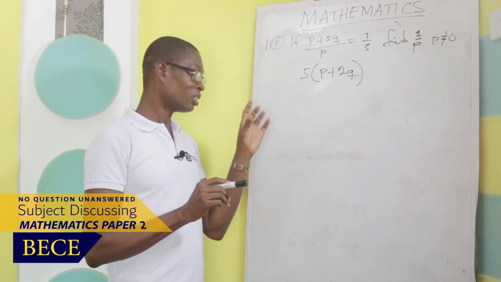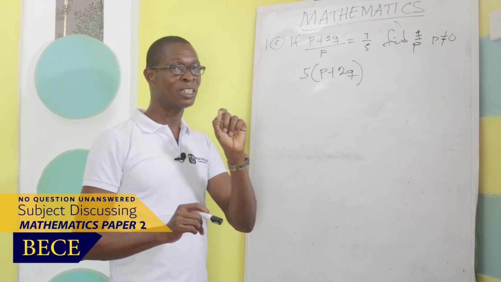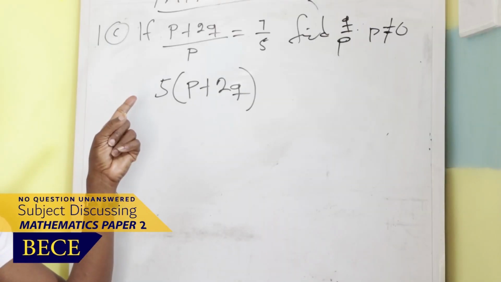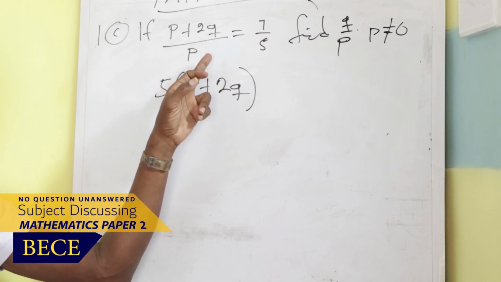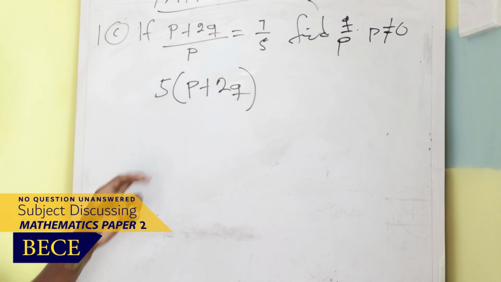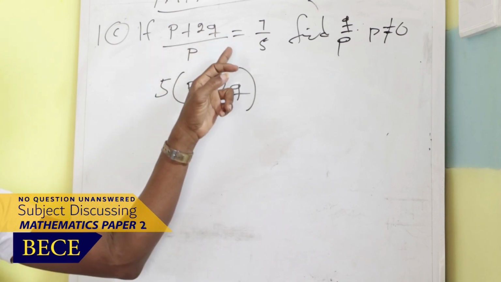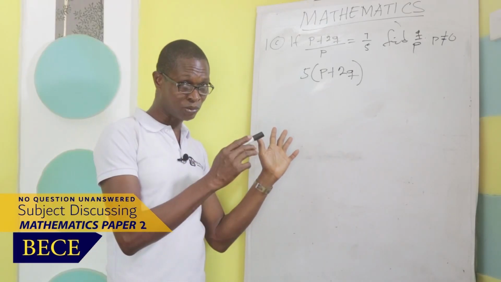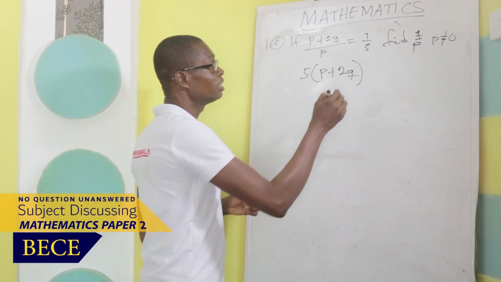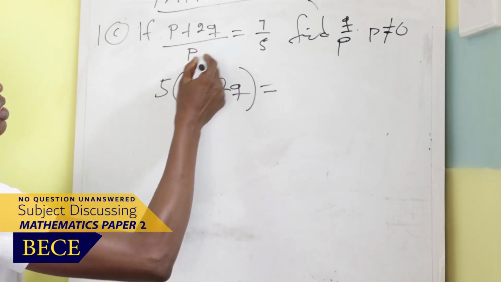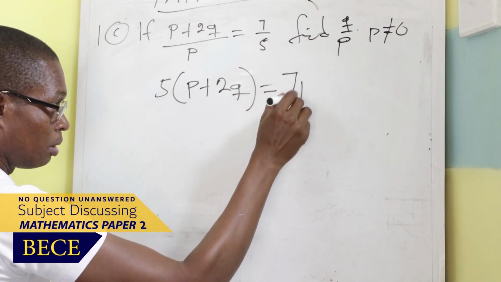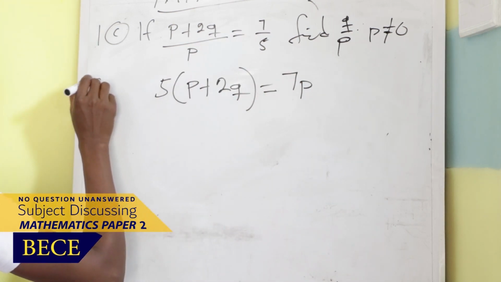Notice, because this is a very common mistake that most of you students have been making whenever it comes to issues like this. There are 2 expressions in one term. Therefore, 5 is multiplying all the terms. So therefore, you put them in bracket before you multiply them to the 5. And then, again, the P is also multiplying the 7. So you have 7P.